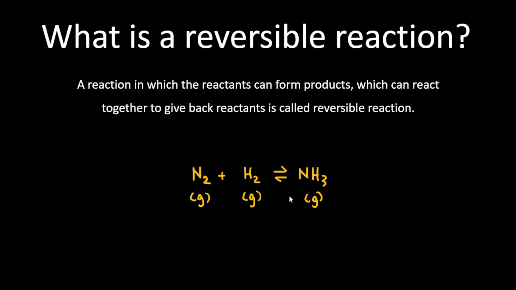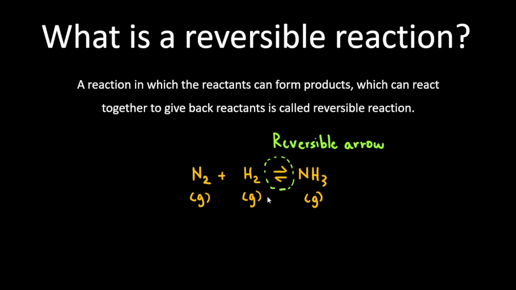If we take a look at this, what we can see here is the arrow. This arrow is called a reversible arrow. Sometimes in exams they ask you about this symbol. This reversible arrow tells you that this entire equation is a reversible reaction.